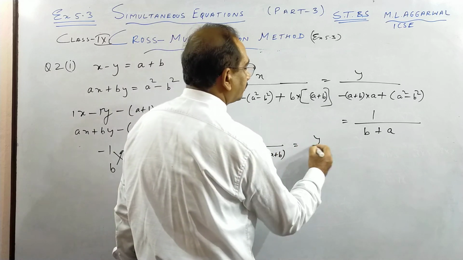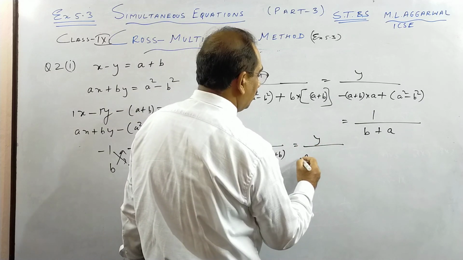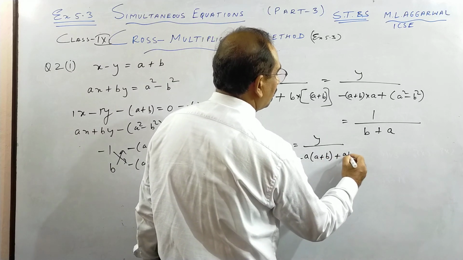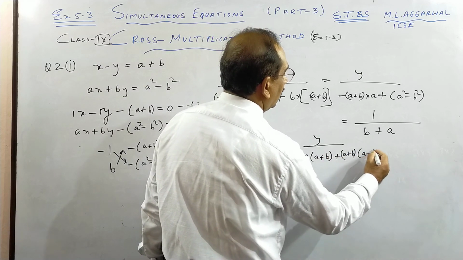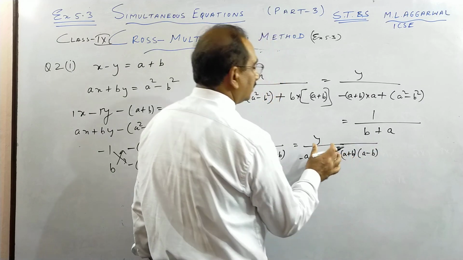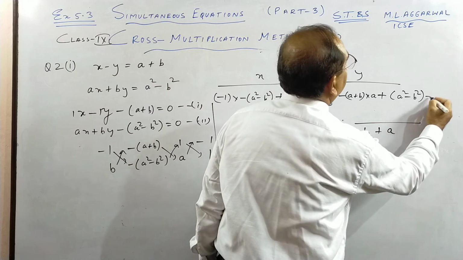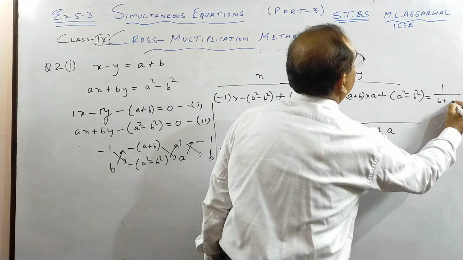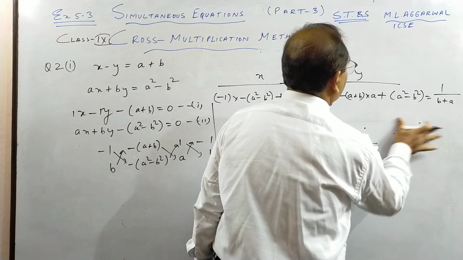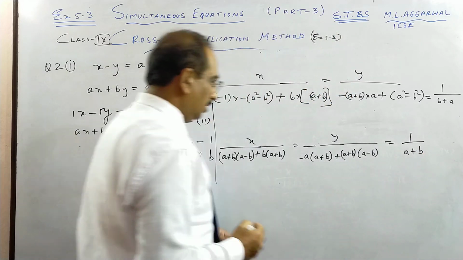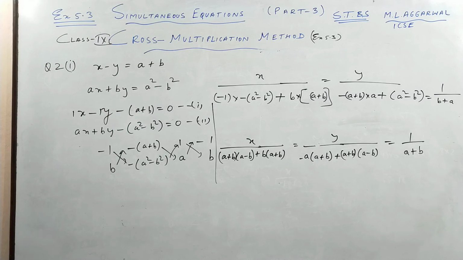Y, this is a minus this plus a plus b, a minus b. Okay, so write y here, and here we had 1 by b plus a. So here we have 1 by a plus b. So kindly check and see.